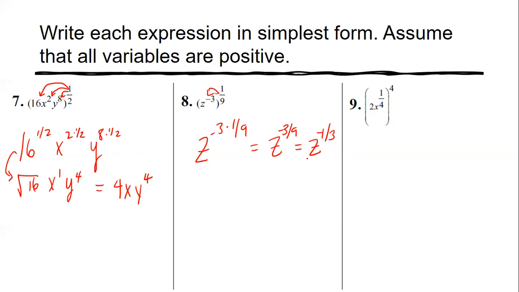What does the negative 1/3 tell me about this z? It tells me that it actually belongs in the denominator.